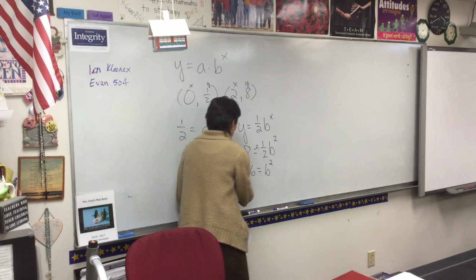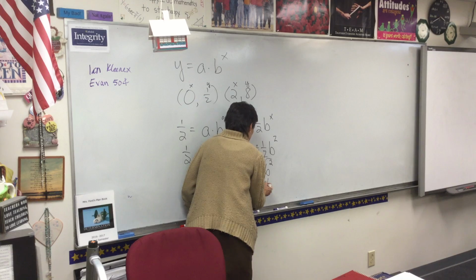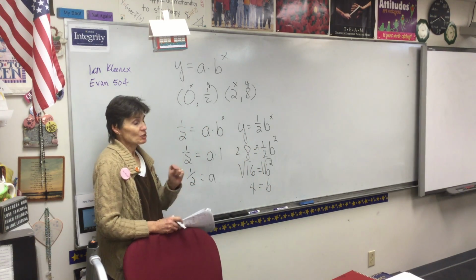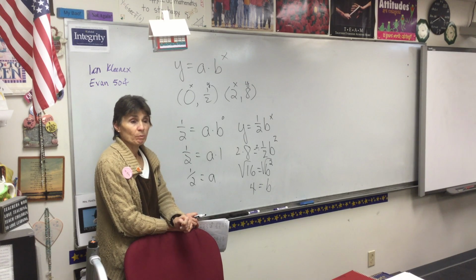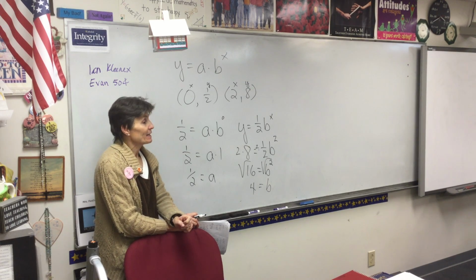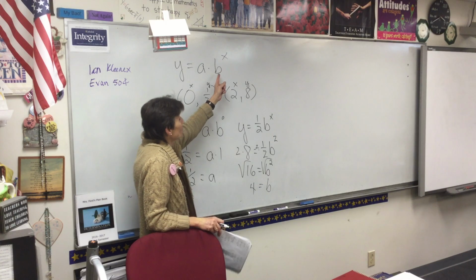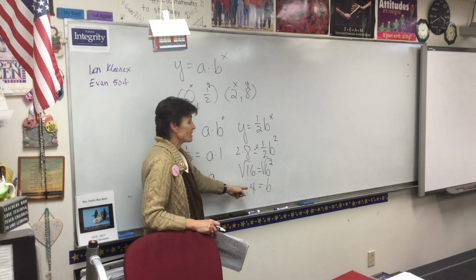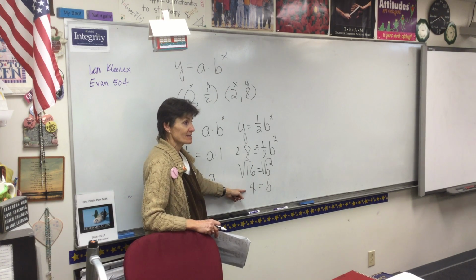And then we'll square root both sides, and b equals 4. Now, actually, b equals plus or minus 4. But in exponent land, b must always be a positive number. So if you are solving for b, it's only going to be the positive option.